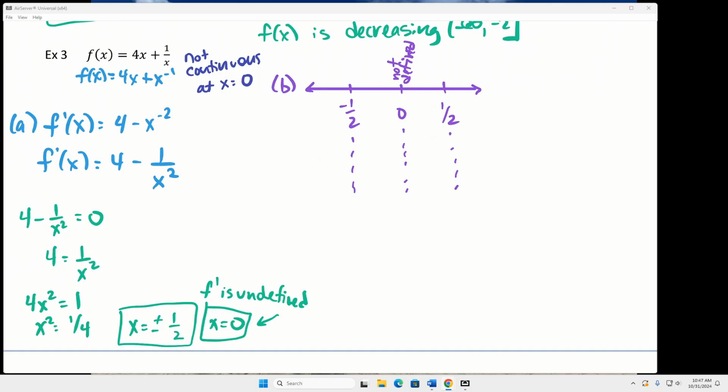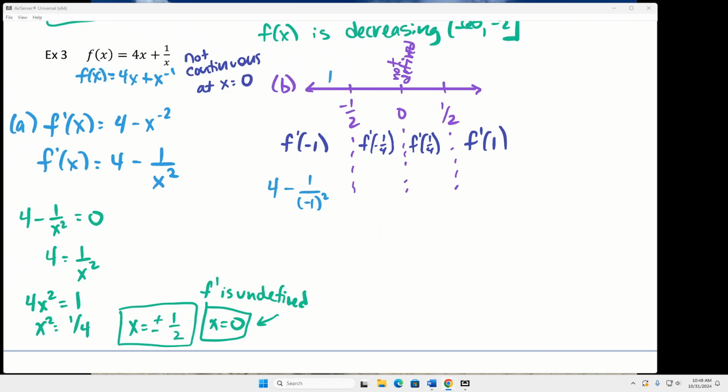Okay, so let's do f prime of -1. Ooh, we need to find something between -1/2 and 0, so I'm going to say -1/4. We'll do +1/4 and 1. All right, so we're putting them into the first derivative. And I just need to know positive or negative. So when I square that negative, I'm going to get a positive.